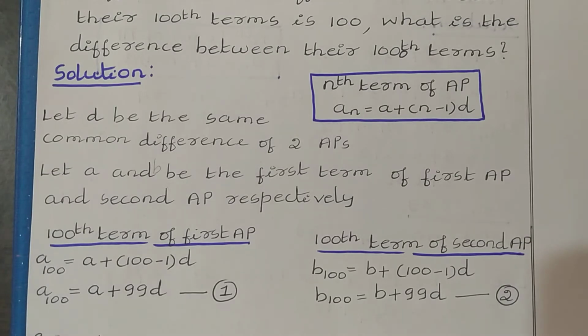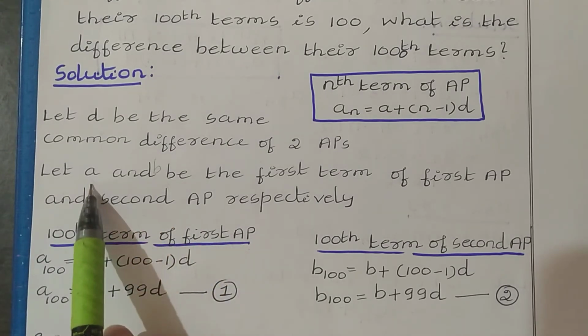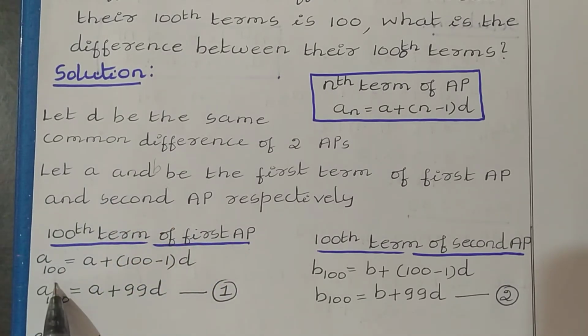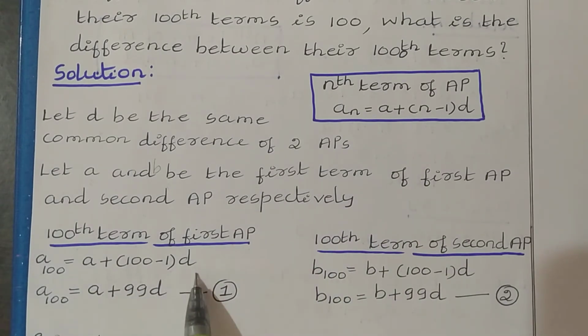In the question they have given that the difference between the 100th terms of these two arithmetic progressions is 100. So first let us find the 100th term of the first arithmetic progression, where I have taken the first term as a. So a100 is equal to a plus 100 minus 1 into d.